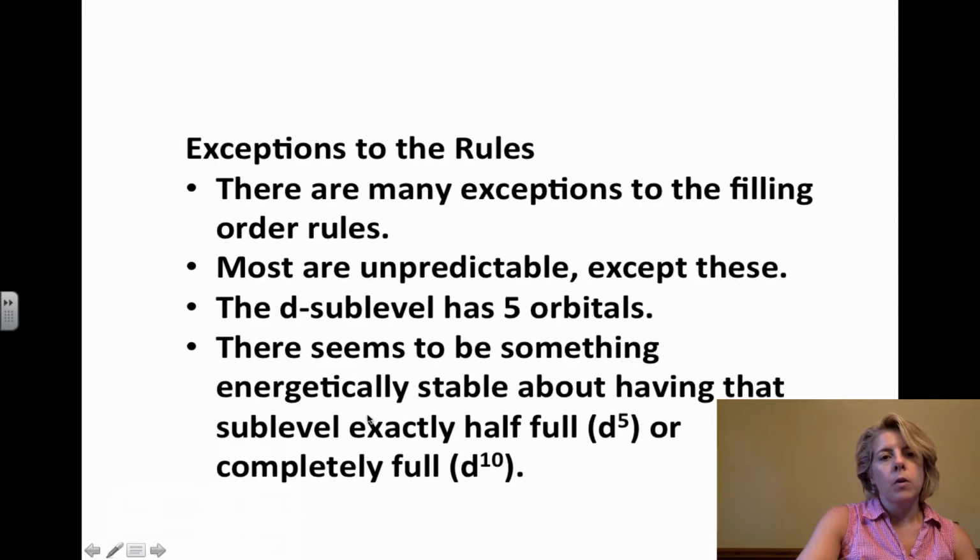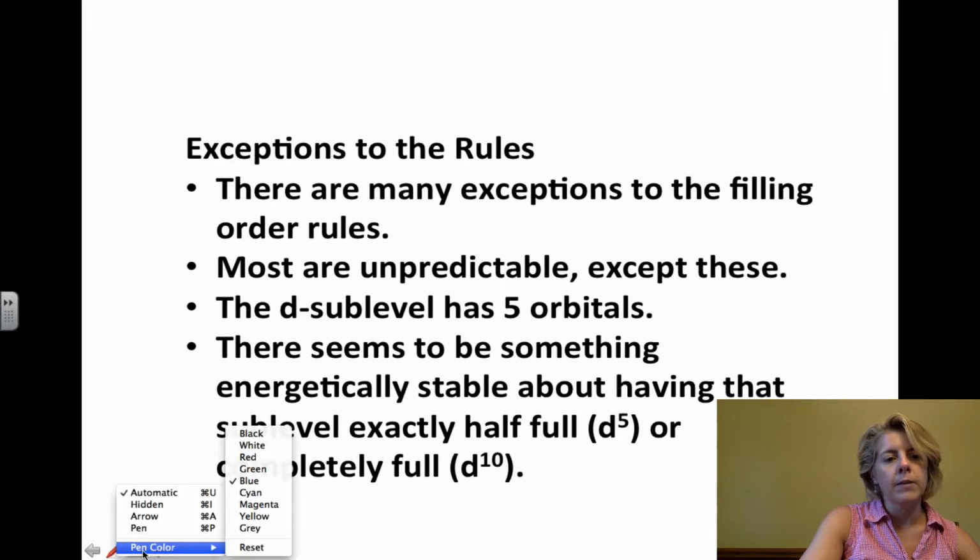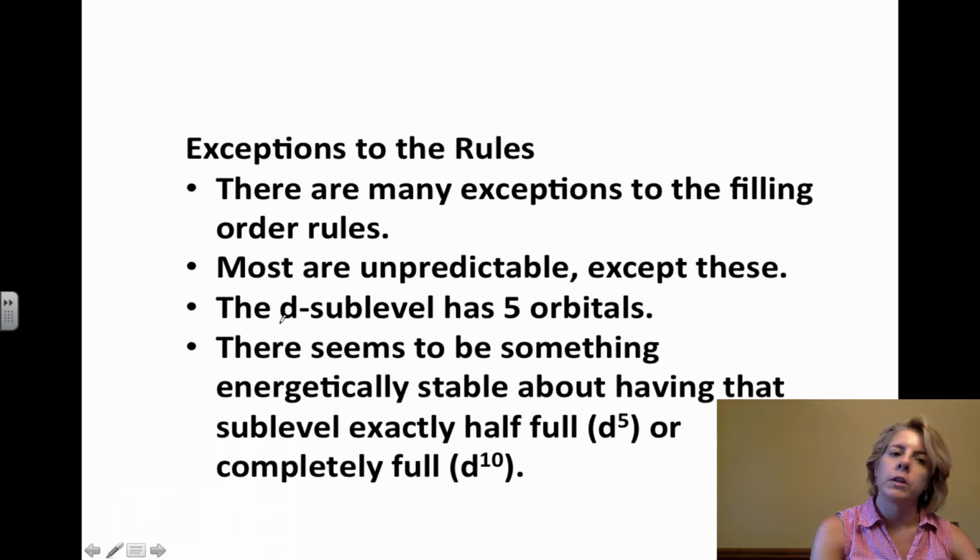All right, so let's talk about exceptions. Unfortunately, there are exceptions, and you're going to find a lot of these exceptions tend to be with the transition electrons. In the d block, you want to have 5 total electrons, and it seems to be energetically stable when the d electrons are exactly half full.